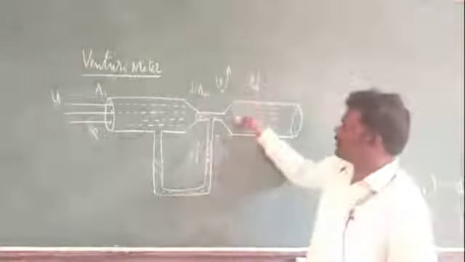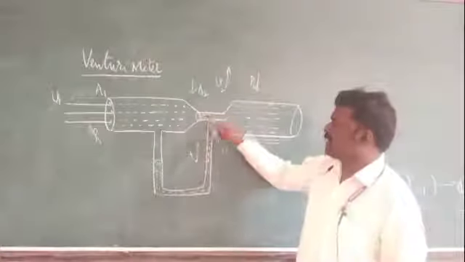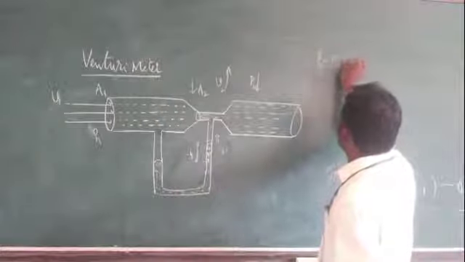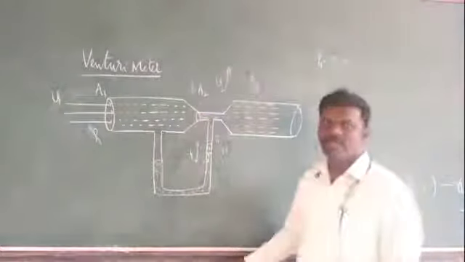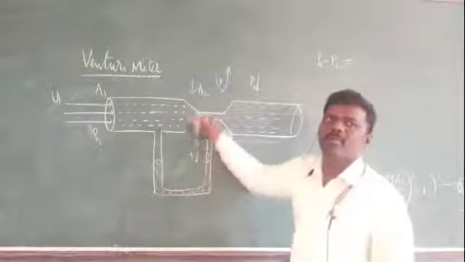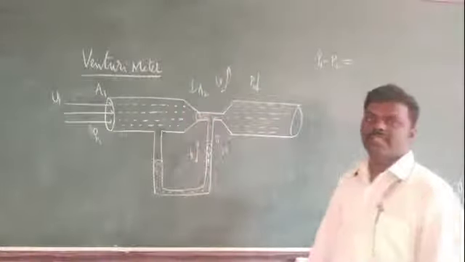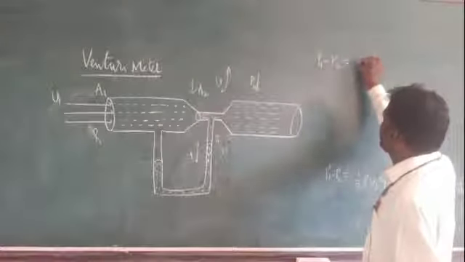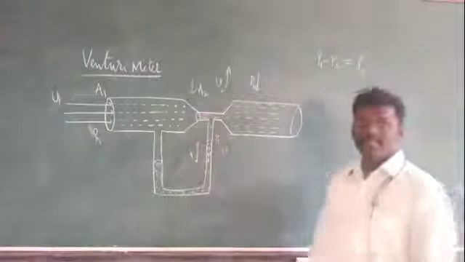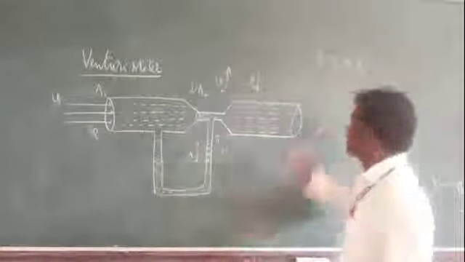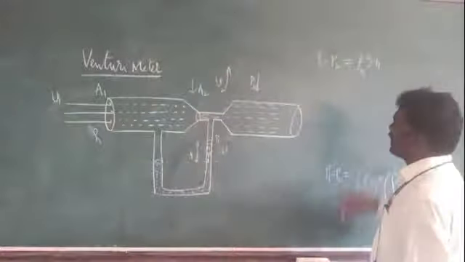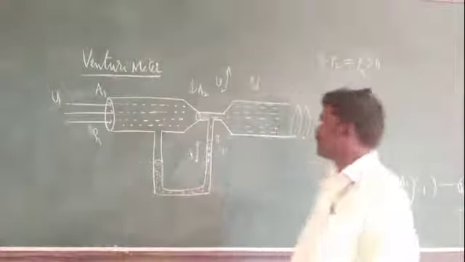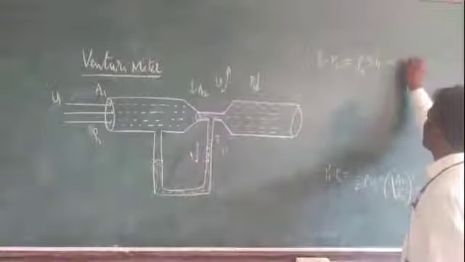Due to the pressure difference, some amount of fluid rises, which is potential energy: rho m, the density of mercury, times g times h, where h is the difference in these two units. This equation I'm taking as 2.